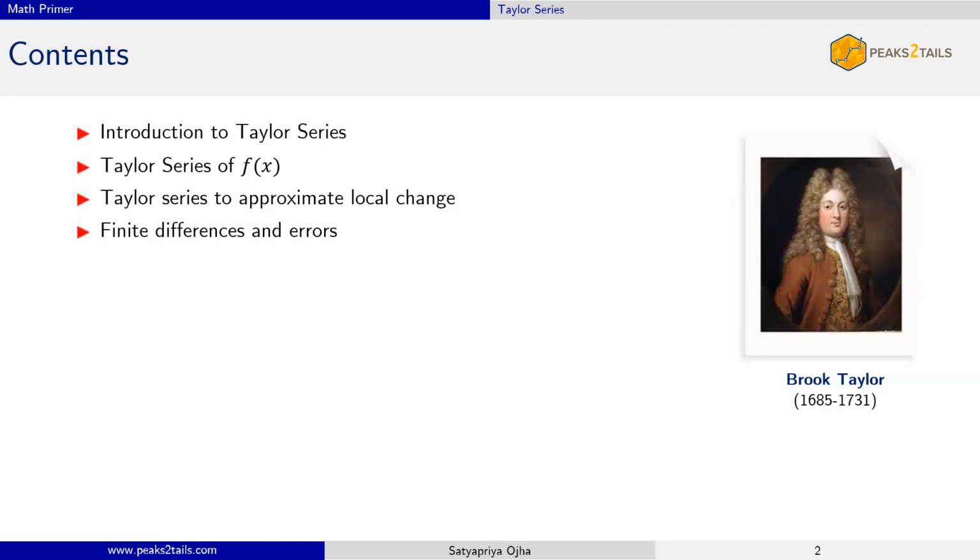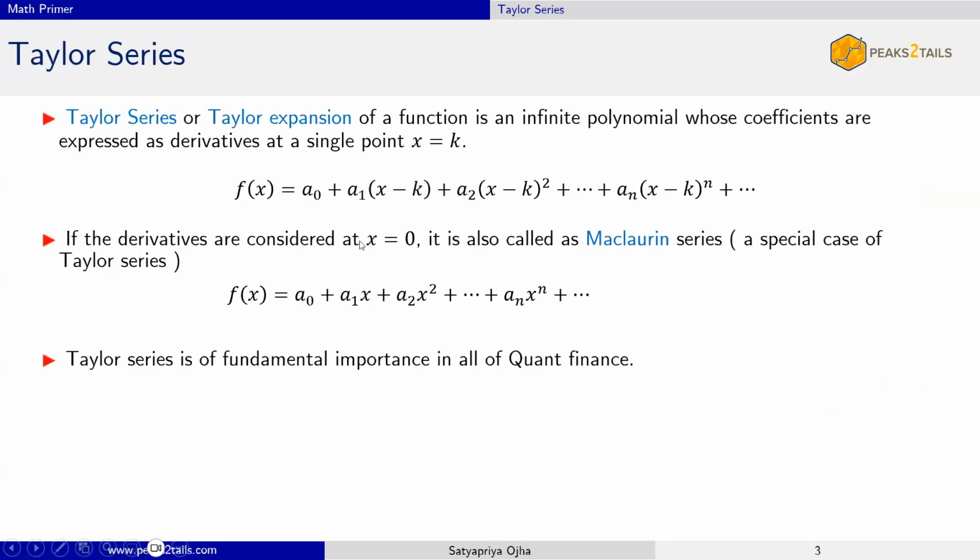All right, let's proceed. Okay, so the Taylor series or Taylor expansion of a function is an infinite polynomial representation. Polynomial representation, right? You remember polynomials? You have only powers, x square, x cube, x fourth, right? No sin x, no log x.